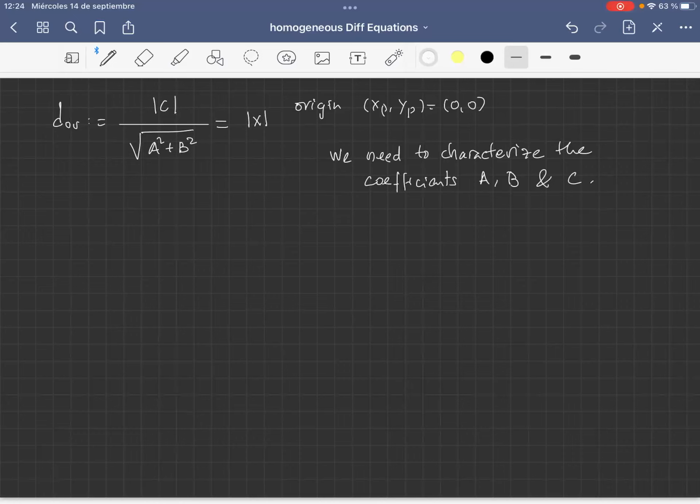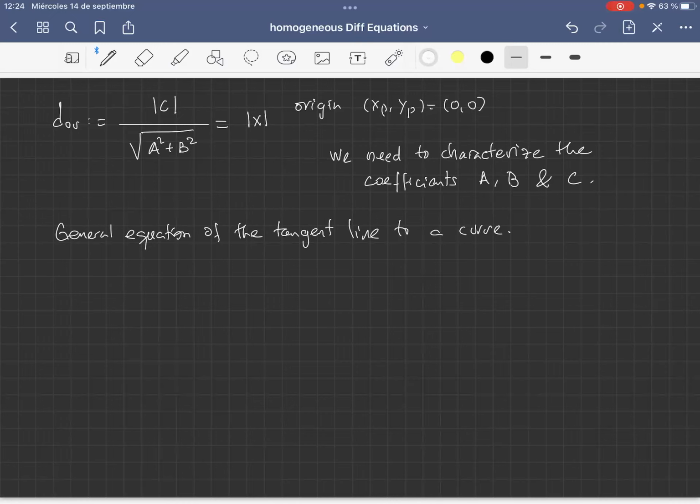We just have to write the tangent line to a curve. So what's the general equation of the tangent line to a curve?